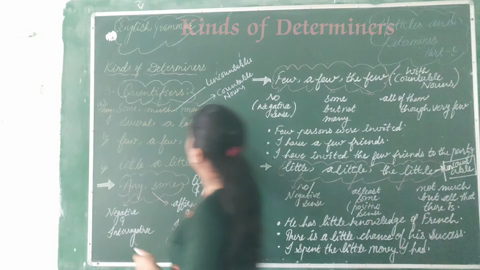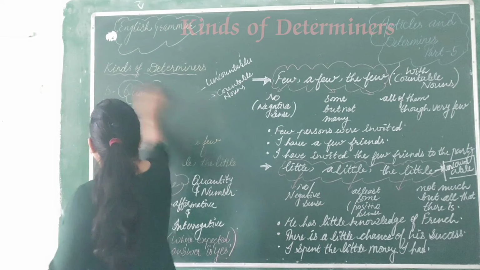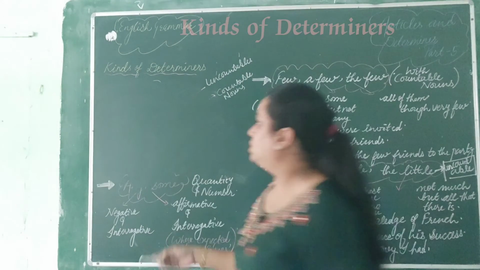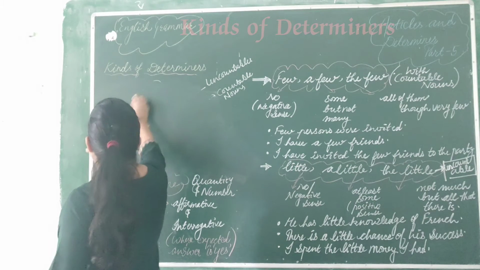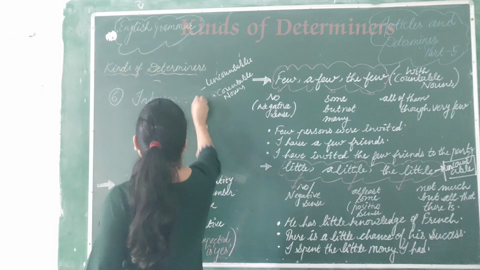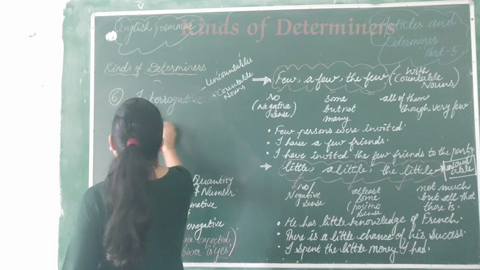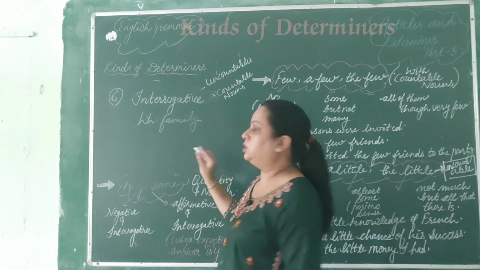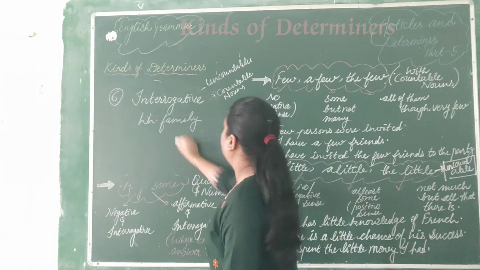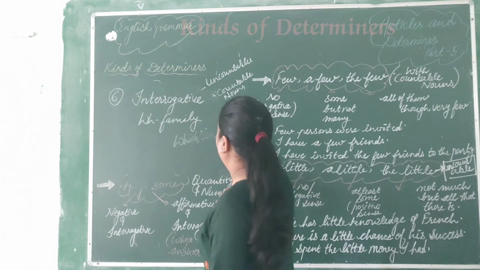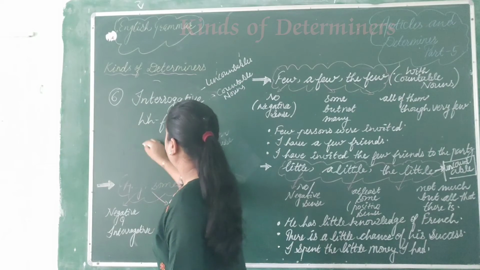The interrogative, kind number 6, are the words from the WH family, and the condition is this: after these WH words we should have a noun, like which bag, which house, whose pen.